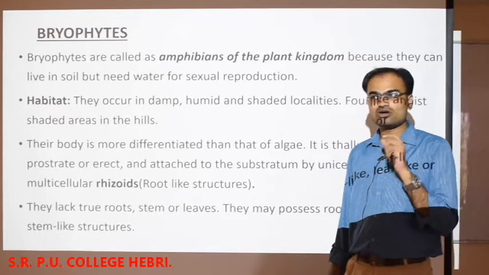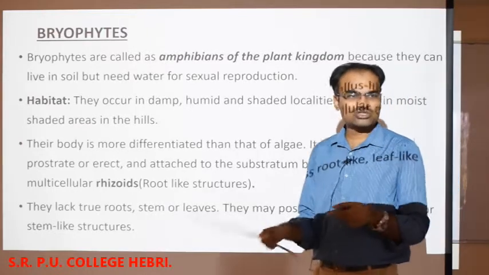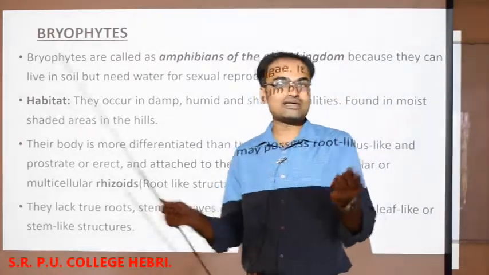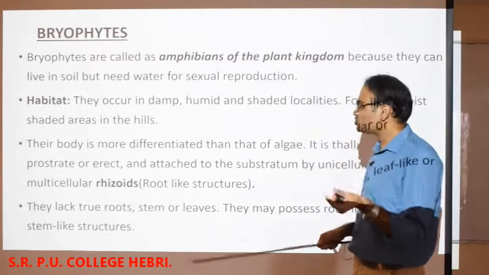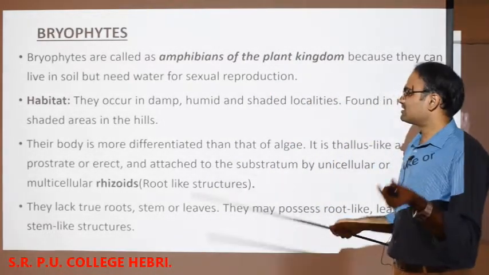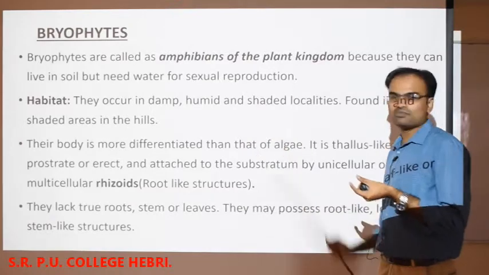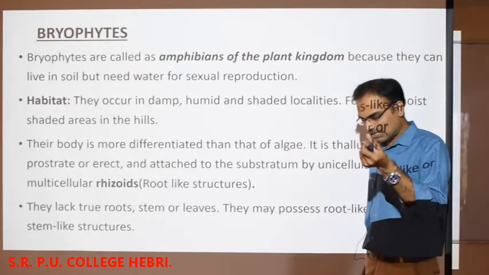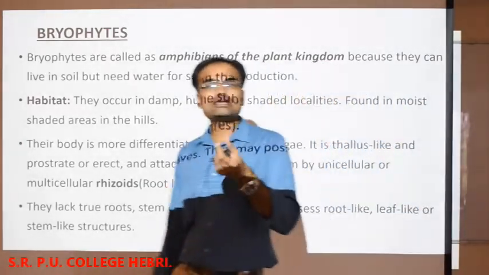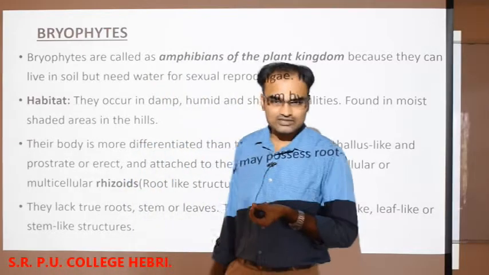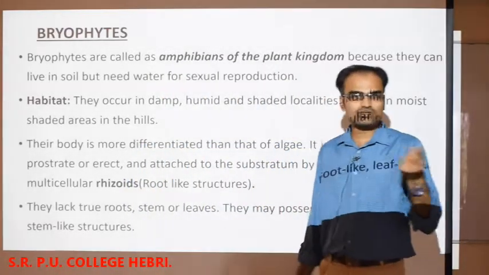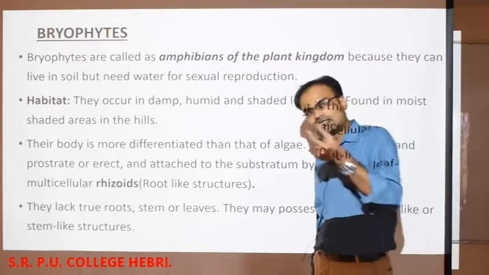But not all organisms which can live both in water and soil can be called amphibians. They should depend on the water for their sexual reproduction. Like in the animal kingdom, a frog is called an amphibian, isn't it? The frog can live on the soil as well as in the water.